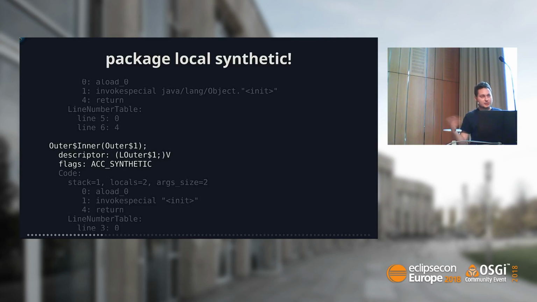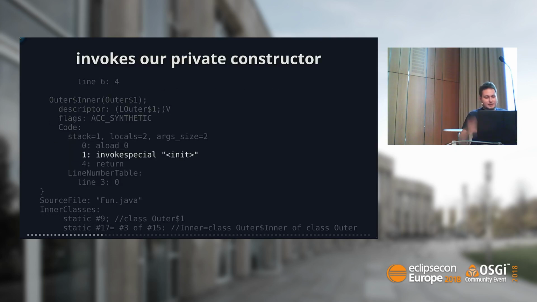To align the rules of the Java language with the rules of the virtual machine, we should provide the virtual machine an accessible constructor. So here we remove the private, we make it package local, it's synthetic because it's generated, and now the virtual machine can actually invoke this one. Yeah, and it simply delegates to our private constructor.